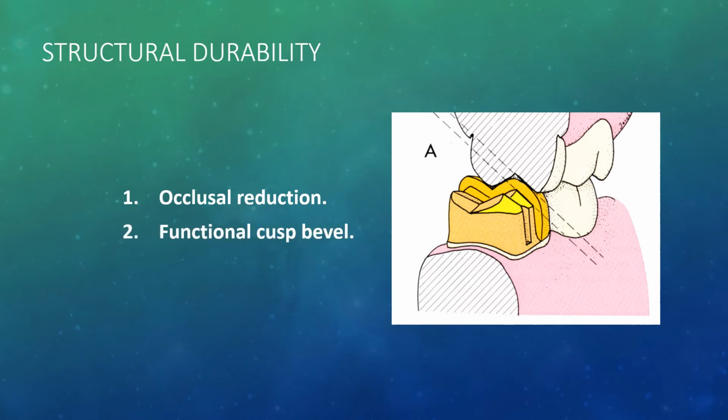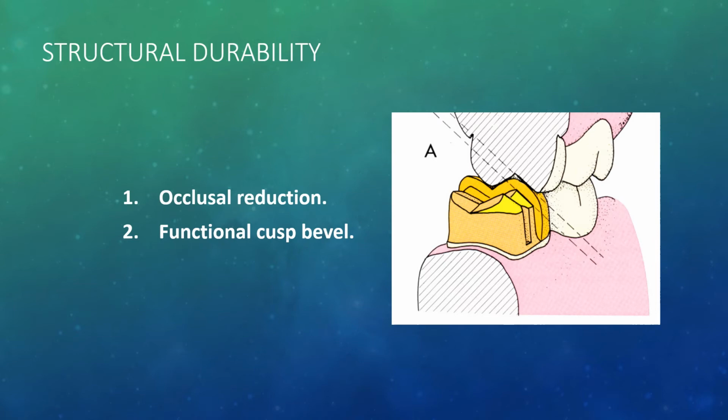The next important thing is your functional cusp bevel. You know that in a tooth there are functional cusps and non-functional cusps. Upper palatal and lower buccal are the functional cusps, and you need to understand that when these tooth structures are prepared, the lower buccal ones are subject to more occlusal forces, because the upper palatal cusp is going to come in contact with the lower buccal cusp, right?